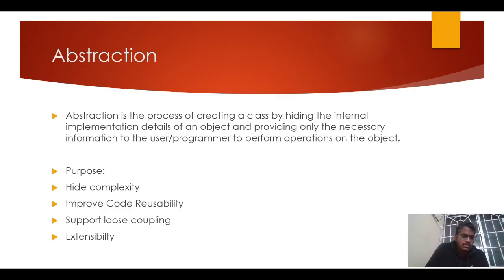Then the fourth point is extensibility. Extensibility means some requirement came from the client, like adding new classes. We can add new classes without changing the whole thing. Suppose there is an abstract notification class and one child class, SMS notification.